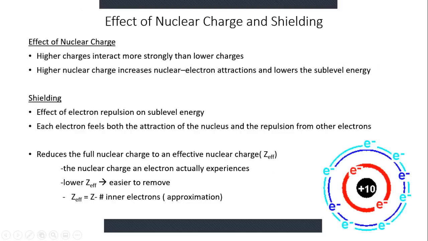To explain the trends in atomic radii, we need to discuss 2 terms that help explain this. First, one is called the effective nuclear charge. The effective nuclear charge is the charge felt by the electron from the nucleus.